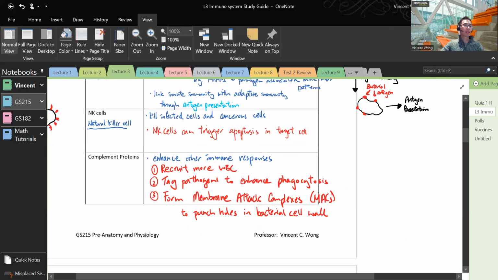Okay. So there you have it, the 5 mechanisms of innate immunity.